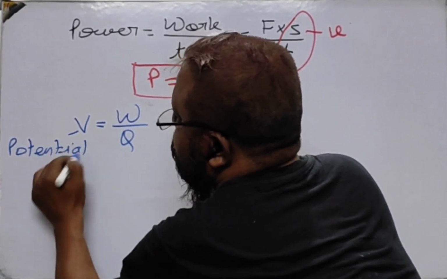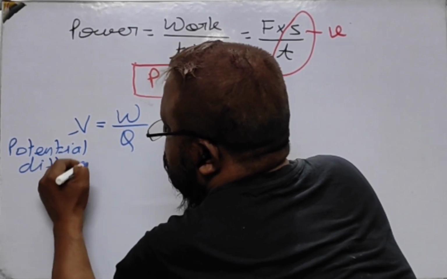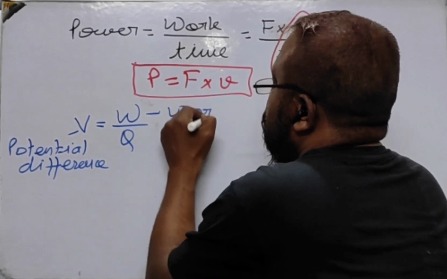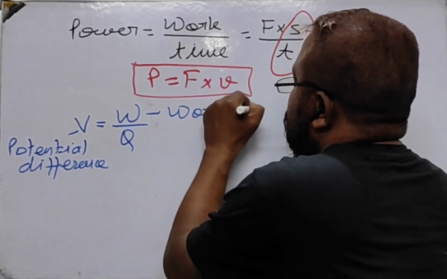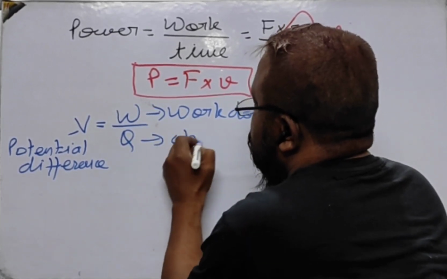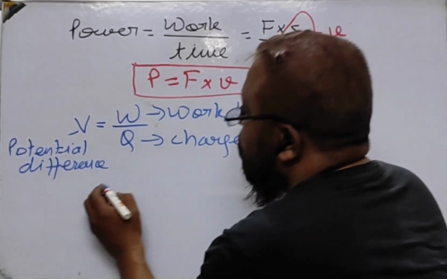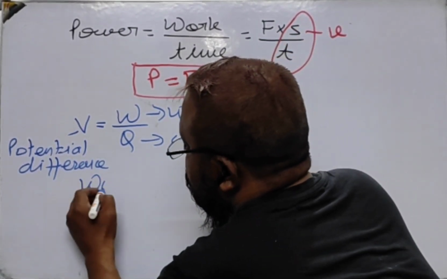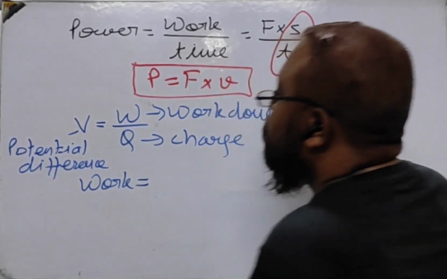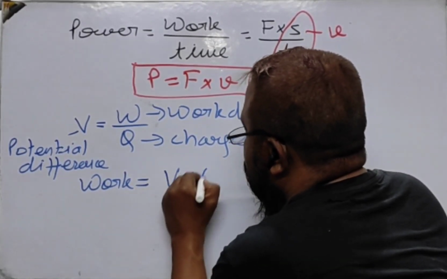This is work done, and this is charge, right? So we can say work done, work is equal to V into Q, right?